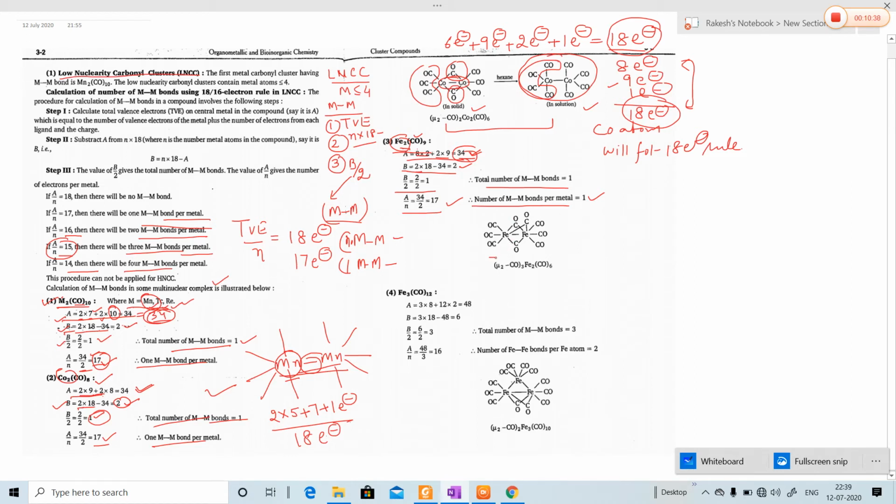So this is the structure of Fe2(CO)9. There are two iron atoms. There is only one metal-metal bond. So this is a single bond between the two iron atoms.